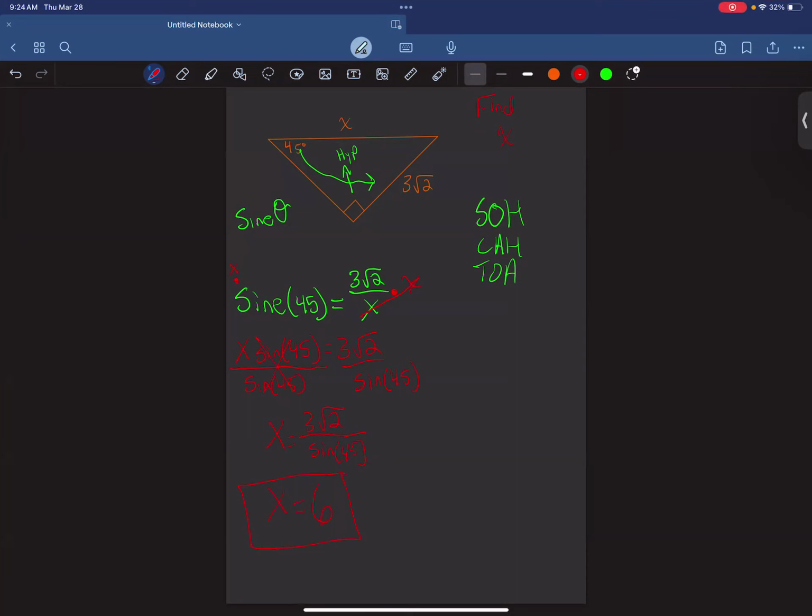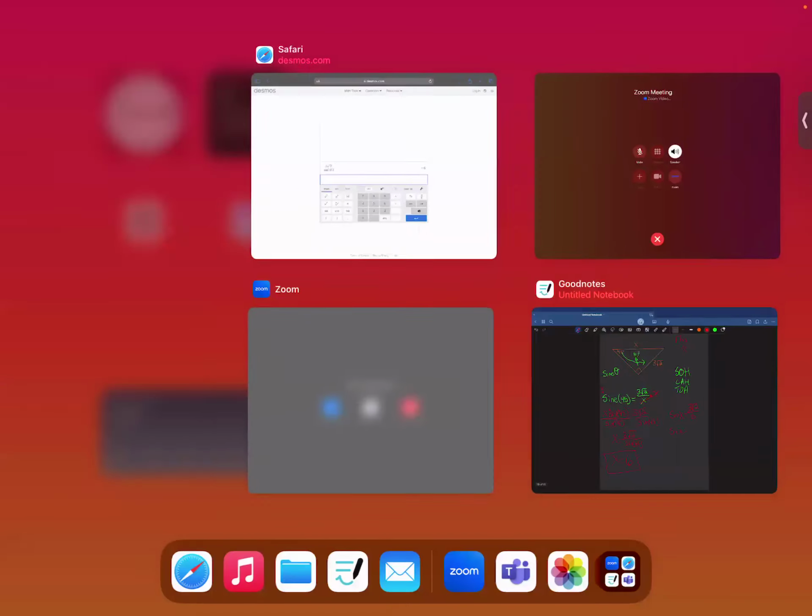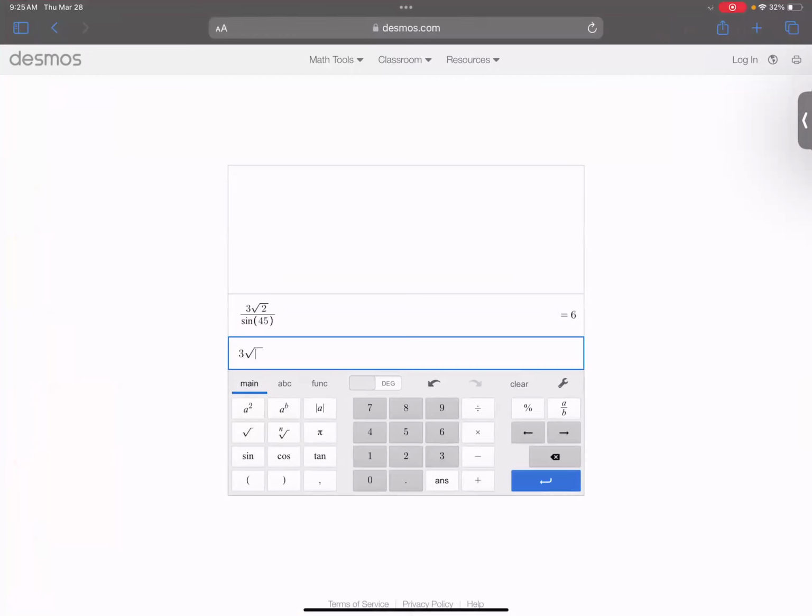Even if your angle measure was x, but we had the opposite over hypotenuse, and we need to know what sine x is, all you do is 3 times square root of 2 divided by 6. And it says that, well, we know that sine is 45 degrees.